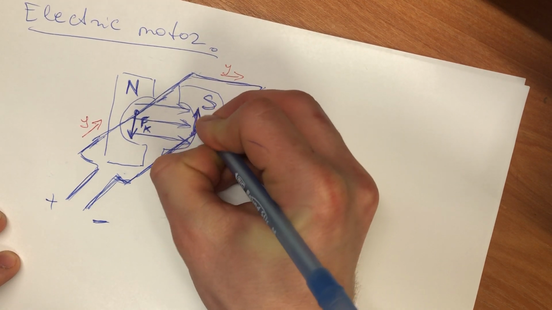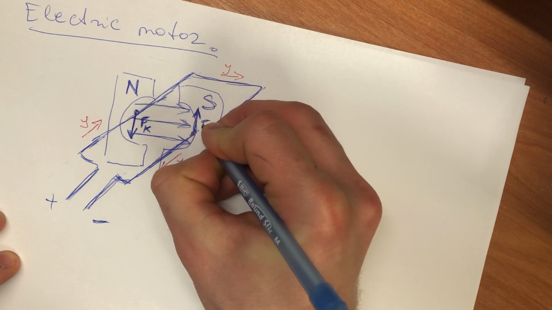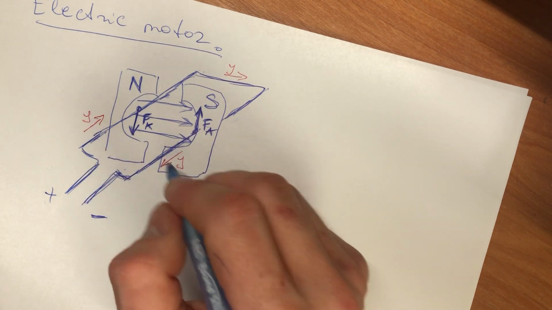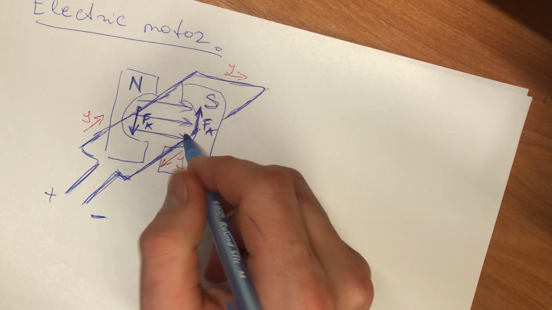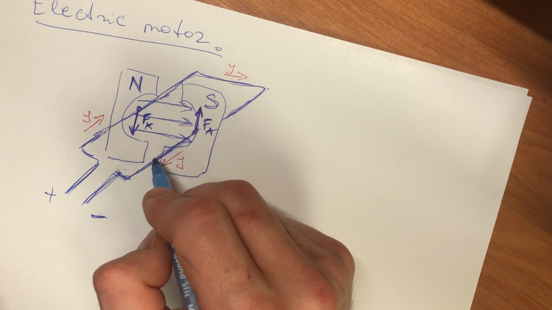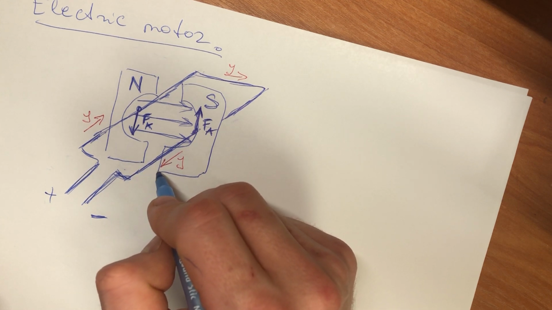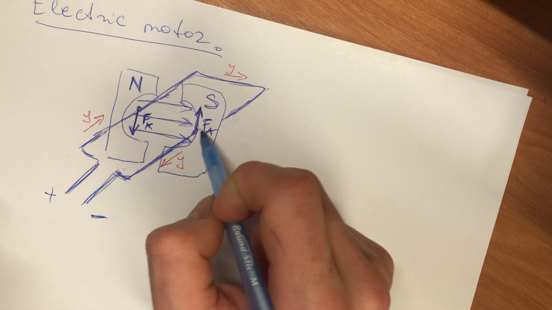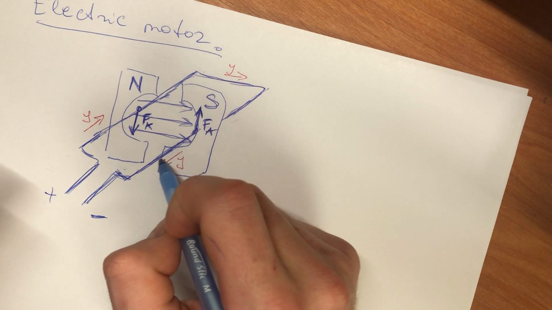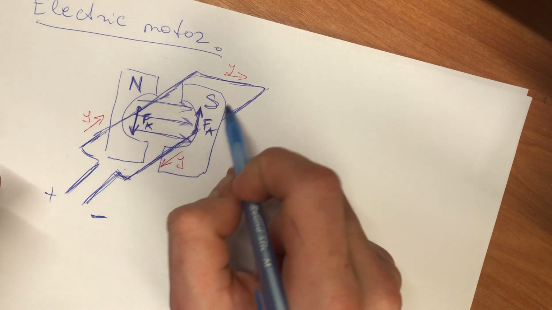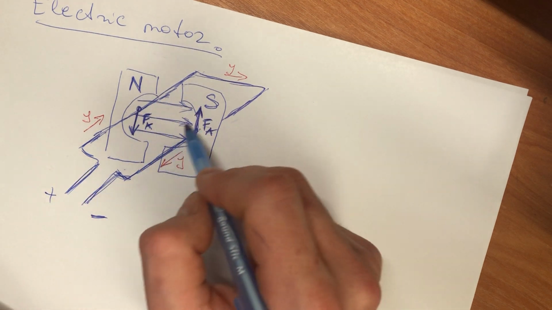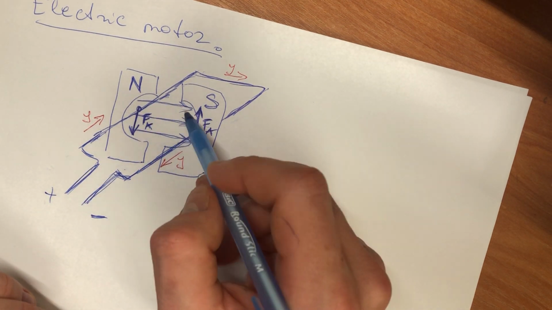So two Ampere's forces are acting on this. So it's turning. When the position of this rectangular loop changes, then the forces change, but they always act so that they produce torque.